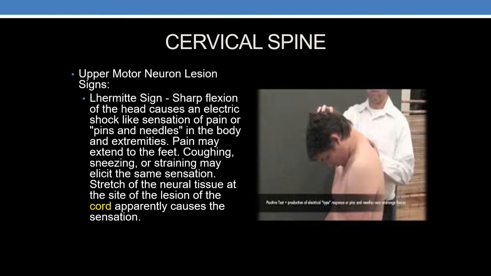So it may give you some indication as to the location of the lesion based upon where the examinee reports the symptoms. If the symptoms are localized to the trunk or into the lower extremities, but the upper extremities are spared, it would suggest that the lesion has spared the cervical spine.